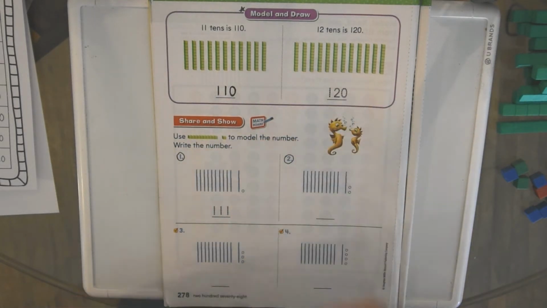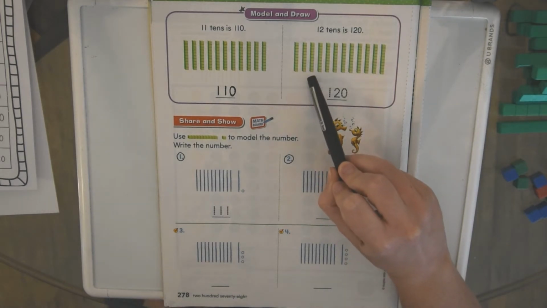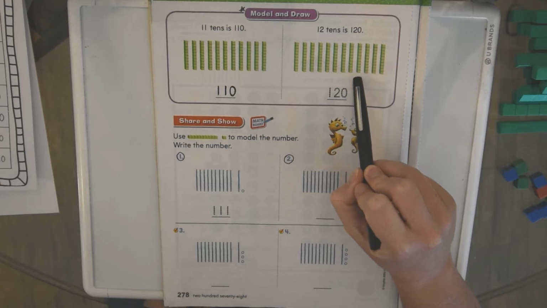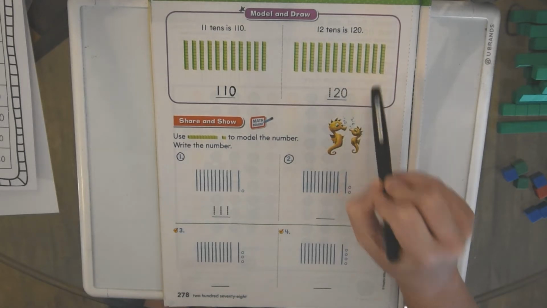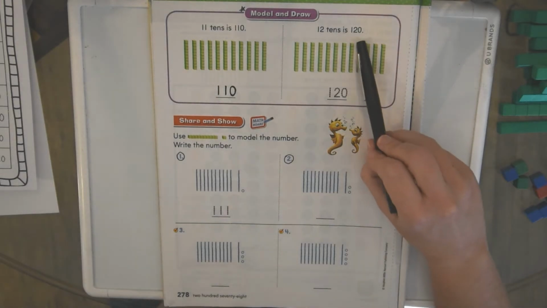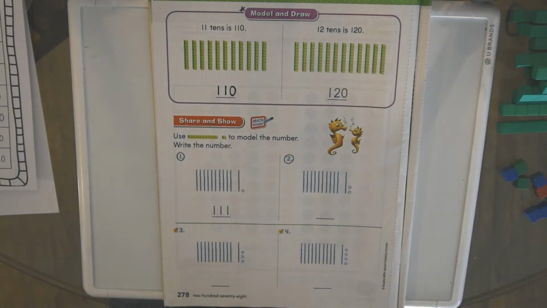Now the next picture shows 12 tens. Let's count to make sure. 1, 2, 3, 4, 5, 6, 7, 8, 9, 10, 11, 12. There's 12 tens. 12 tens equals 120. Let's count.